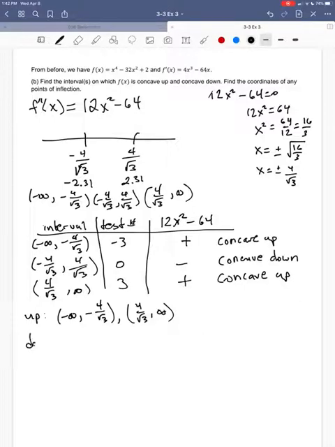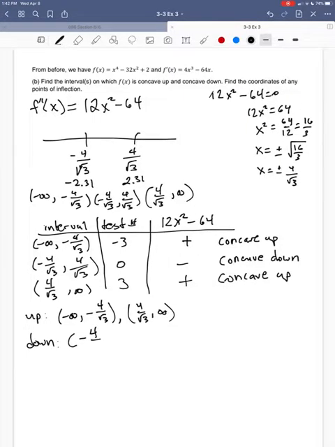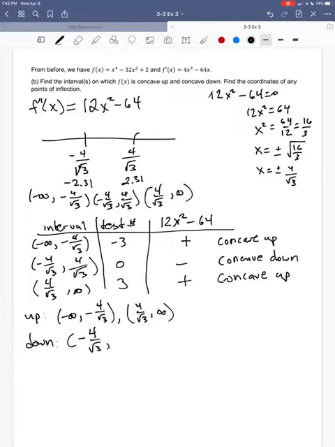And it's concave down on that other interval from negative 4 over the square root of 3 to positive 4 over the square root of 3. Okay, so those are the intervals where it's concave up and concave down.